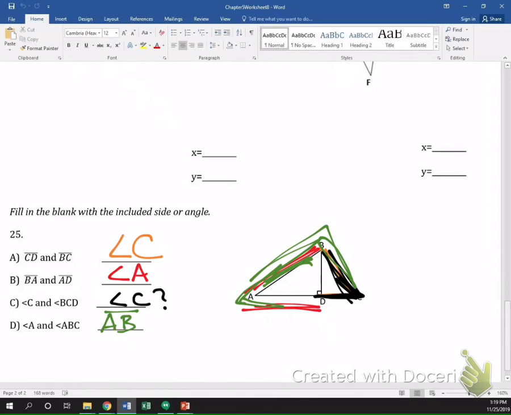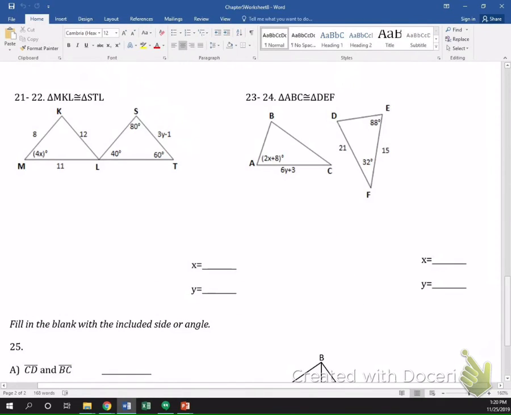I'm going to scroll up, and you are going to quietly follow along while I do these other two. Are you guys good on these? All right, so X is in angle M. M is the first letter. It goes with S, right?